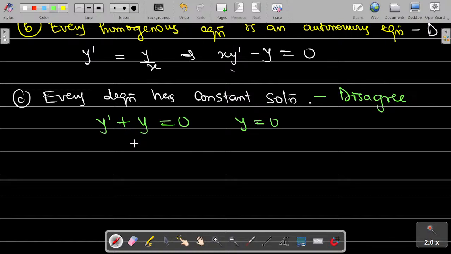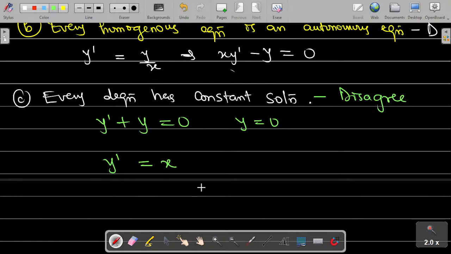However, there are some equations you can write where a constant solution will not work. For instance, if I have y prime equal to x, you discover that there is no constant solution for this.